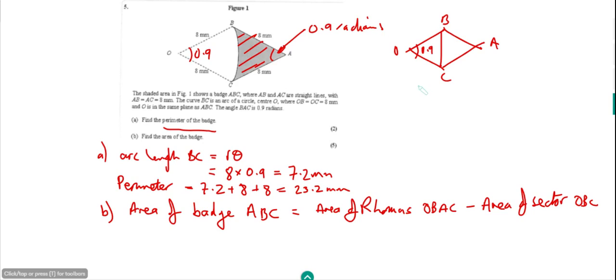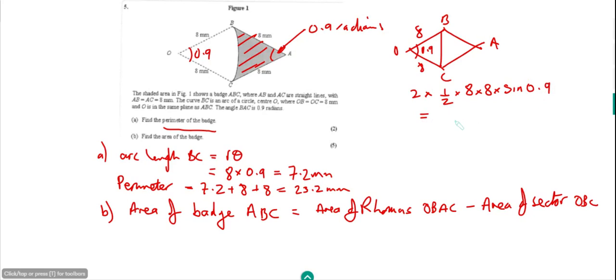So that area is going to be, in this case, 2 times the formula for the area of a triangle, which, since the sides are 8, is 2 times half times 8 times 8, the two sides, multiplied by the sine of the angle in between, sine 0.9.